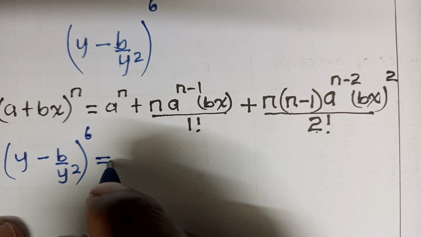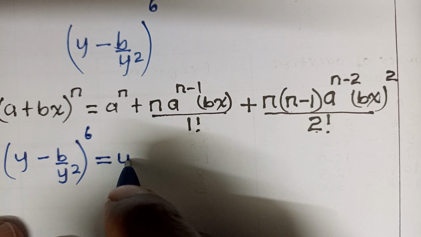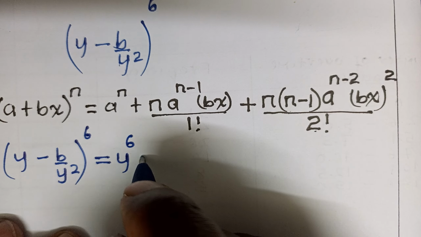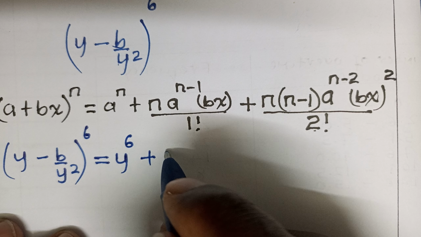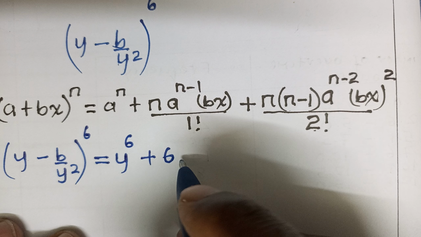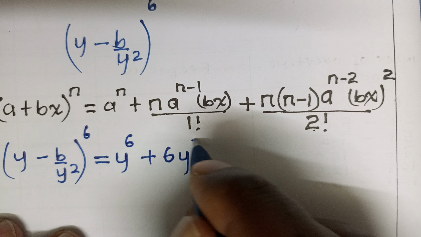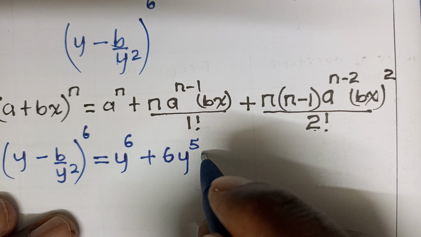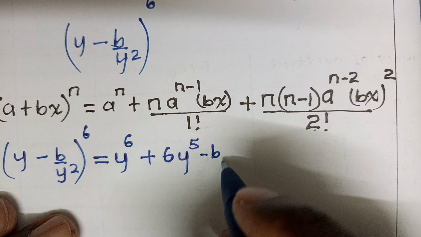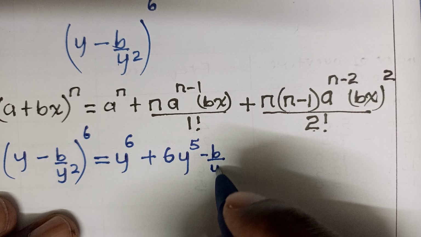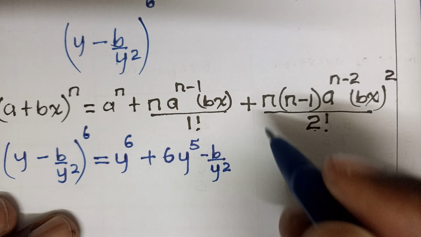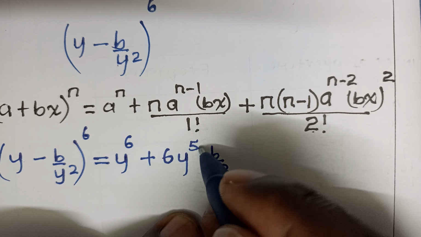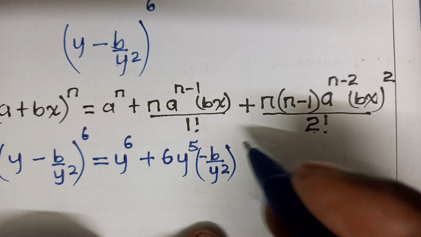This now comes to, we write the first term first, and this is now raised to 6, plus, we write 6, y raised to 5, then we have minus b over y squared, and this is now 1 factorial right here. We don't need to write that.